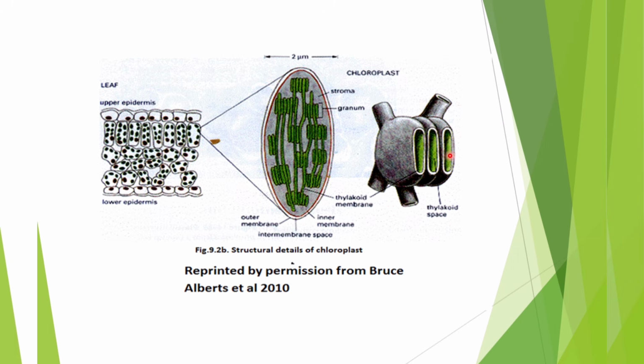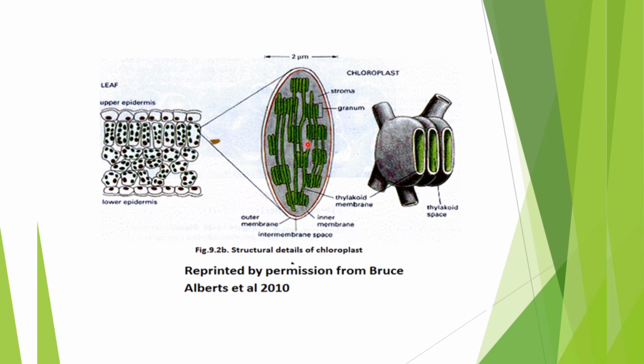In contrast, the unstacked region has more charges, and when there are more charges between the membranes, the membranes will repel, and van der Waals forces will not act there, and that will remain unstacked.